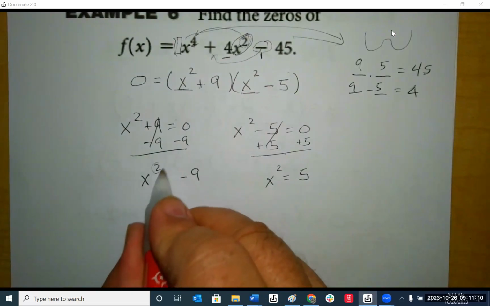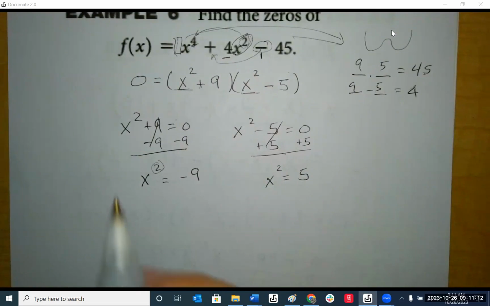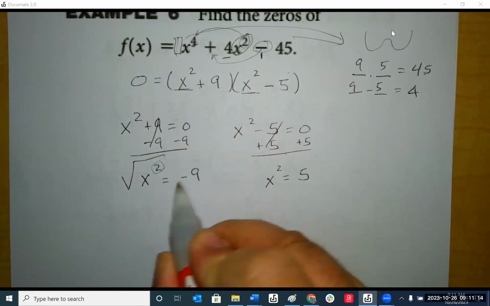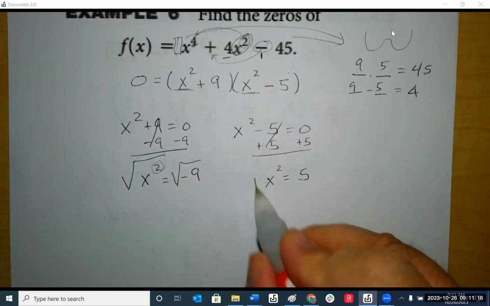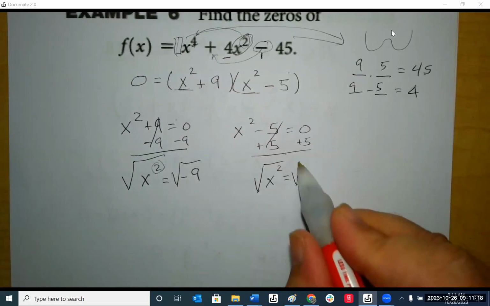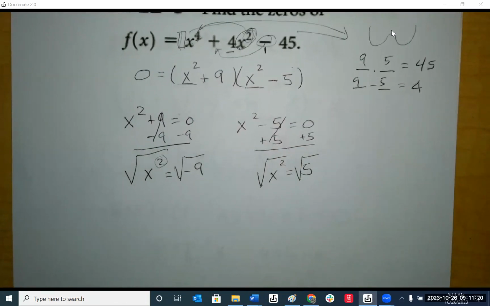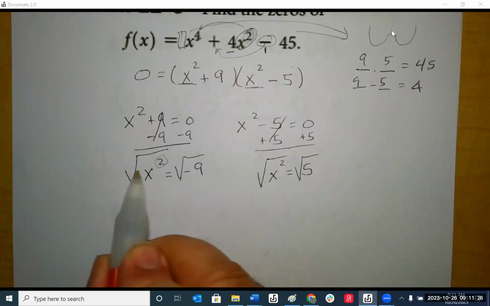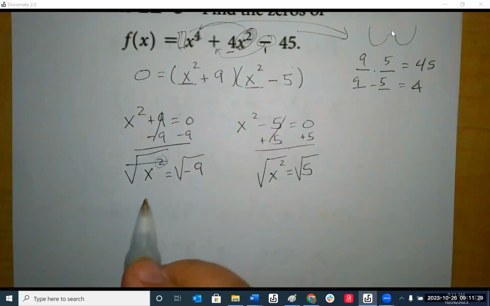I have to get rid of the square. How? Square root both sides. So the x squared and the square root cancel. So we have x equals plus or minus.